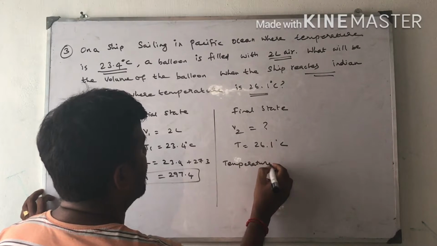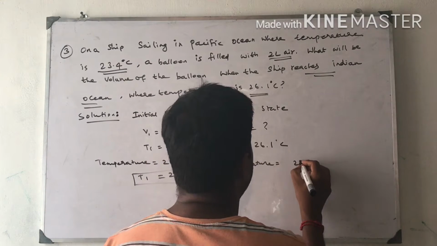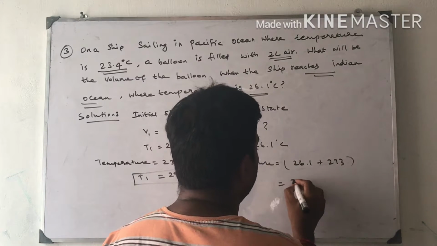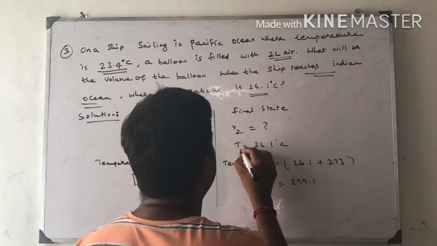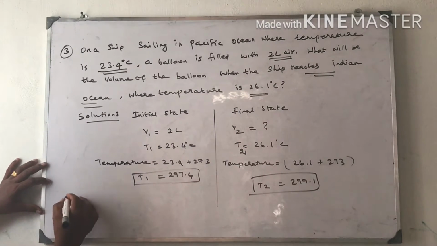Converting into Kelvin, but always we convert to Kelvin for this type of problems. 26.1 plus 273 is equal to 299.1. This is T2 value. Now we have to use the Charles law.